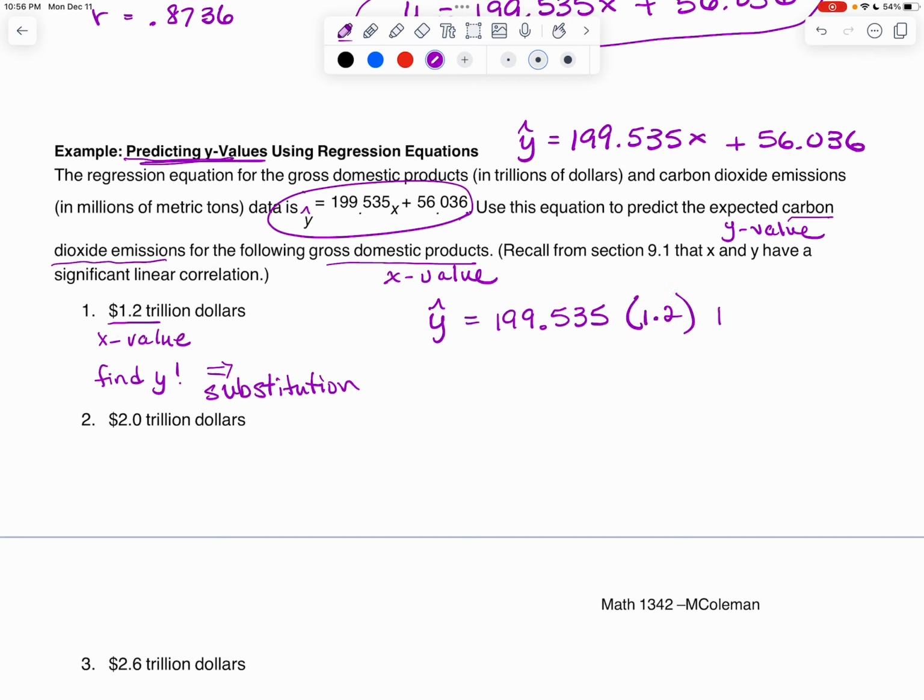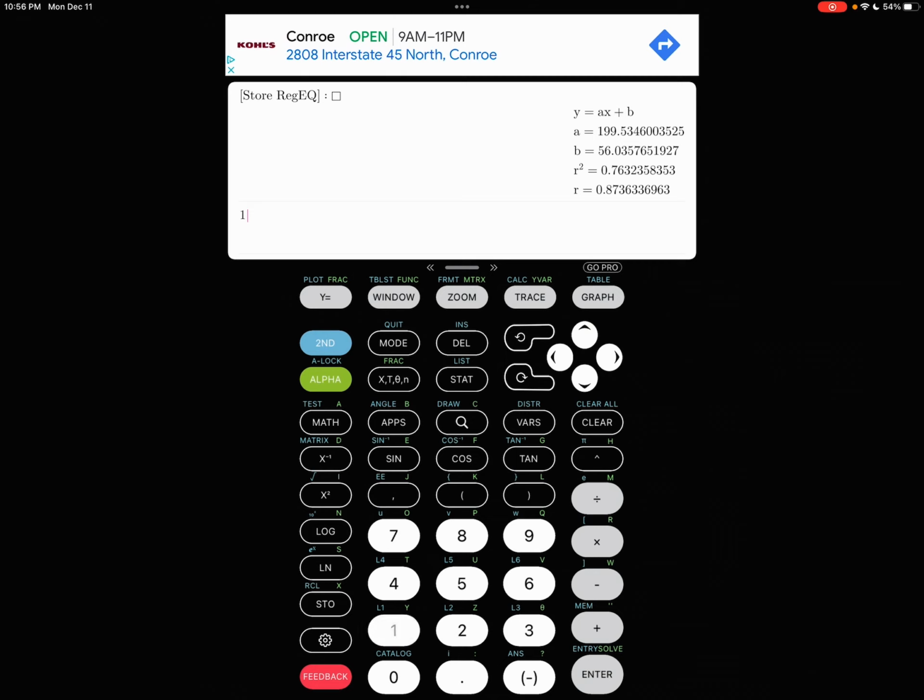Using my calculator, I'm going to put 199.535 parentheses 1.2 plus 56.036, hit enter, and I get 295.478.